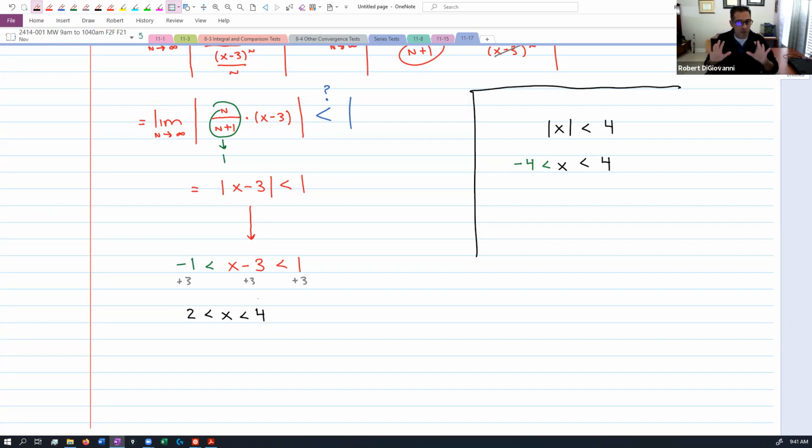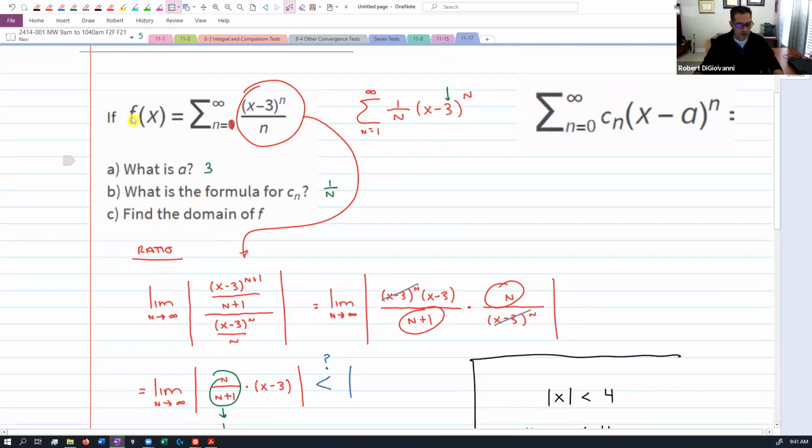So let's just make sure we understand what we have actually done here. We were given this function f of x equals this power series, and we were asked to find the domain of this. So to figure out what values of x you have to plug into this to get convergence so that the function is defined.